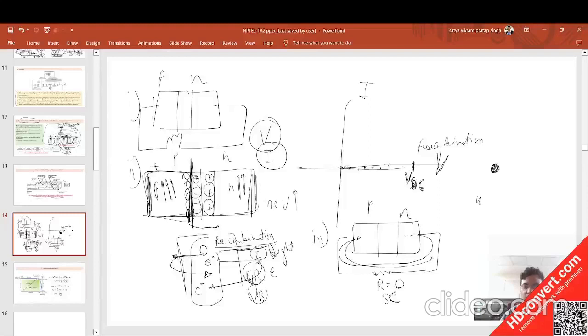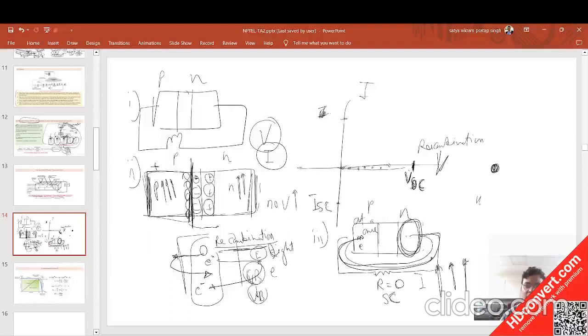It means that all the electrons which were on the N side will go towards the P side at once. So in that condition the current will be very high during this short circuited condition. And if all the electrons and holes get recombined, after the recombination there will be no electrons and no holes in this layer. After that no current will increase. So it means that there is a certain threshold of current.